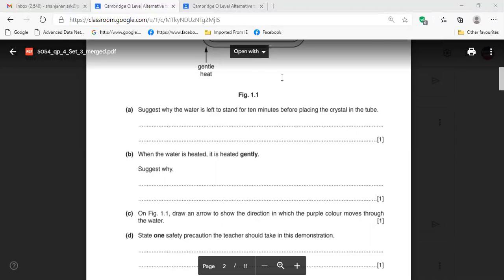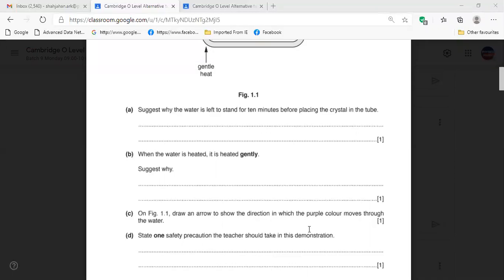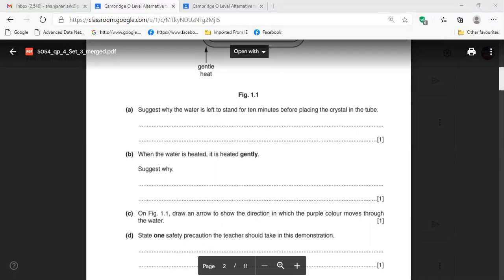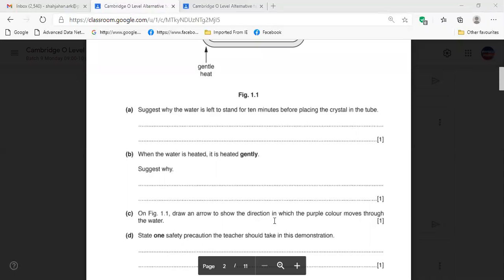So please write, and tell me finally what you wrote. Yeah, Tamjid, what did you write? To observe the convection process carefully. Very good. Then Ifaz, what did you write?